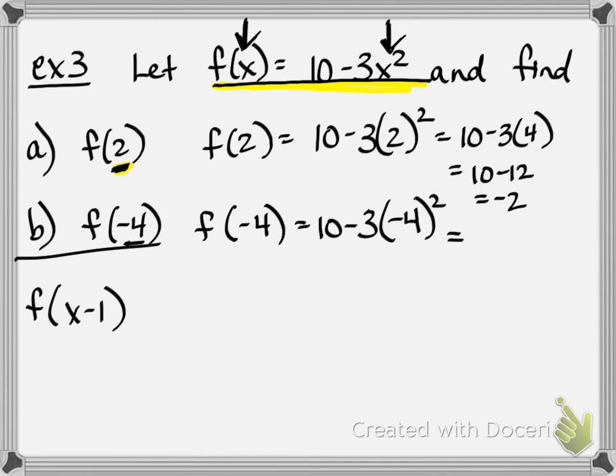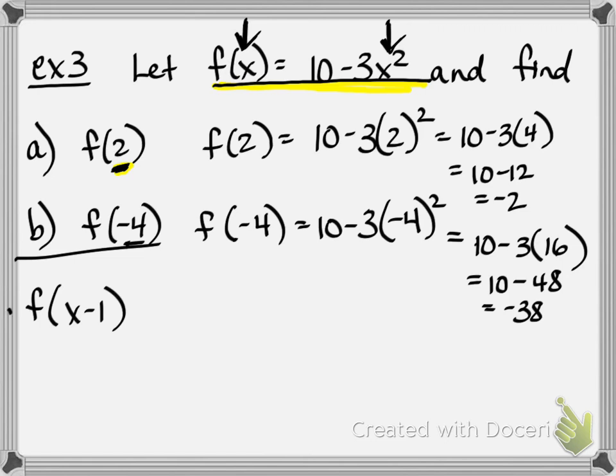Order of operations says we have to do exponents first. And you're squaring the negative and the 4, so it's a positive 16. So that's 10 minus 48, which is negative 38. So f of negative 4 equals negative 38.